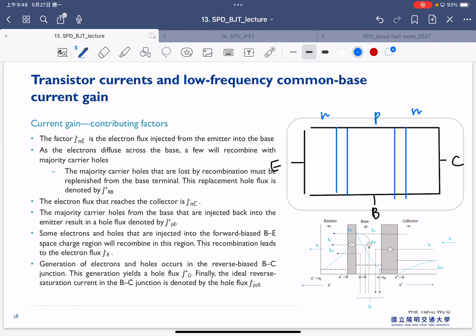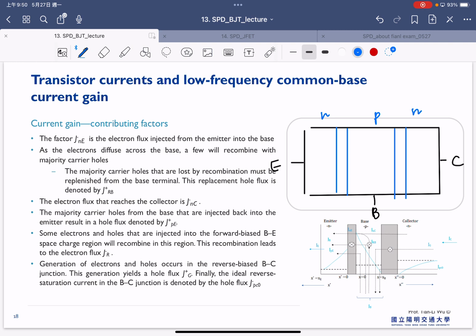That's the schematic we used before to describe how current flows inside the BJT.